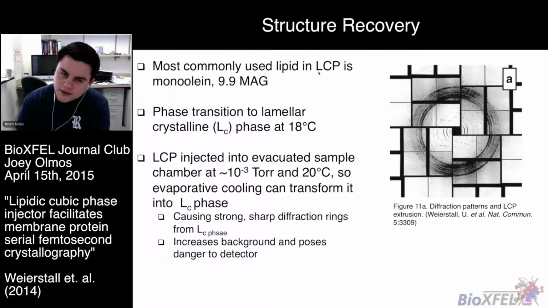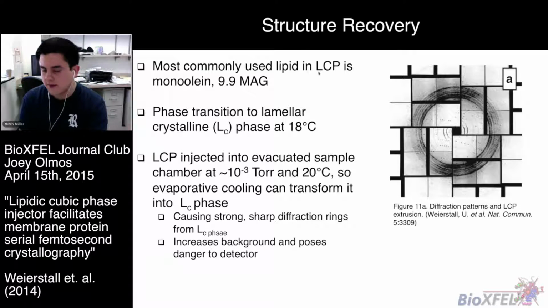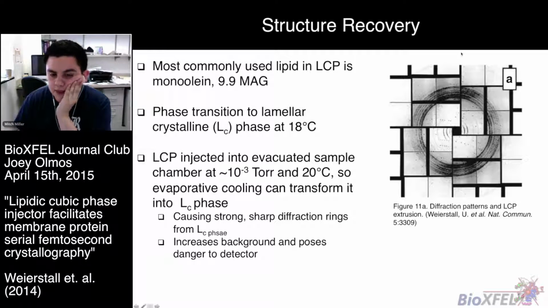The most commonly used lipid in LCP is this 9.9 MAG. The problem with that is that it undergoes this phase transition into this LC crystalline phase at 18 degrees Celsius. That's an issue, right, because you're collecting data in an evacuated sample chamber at 10 to the negative 3 torr and at 20 degrees C. Evaporative cooling can transform it into this crystalline phase, and as a result you get these strong, sharp diffraction rings from that phase.